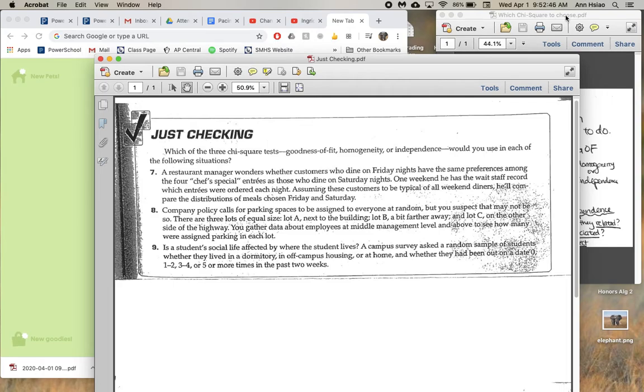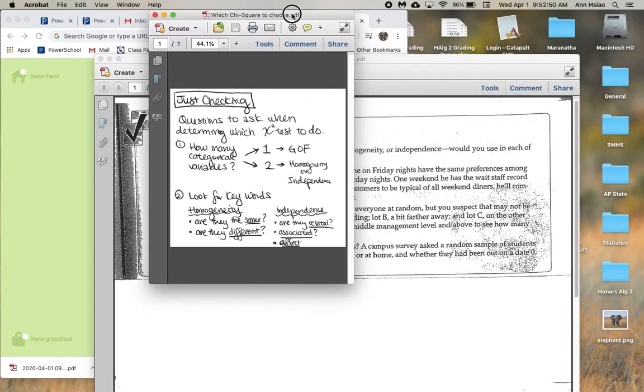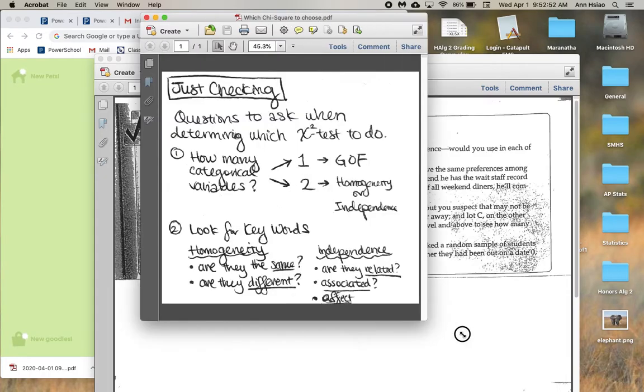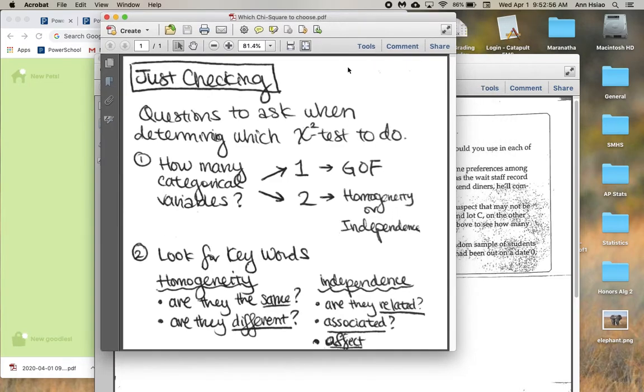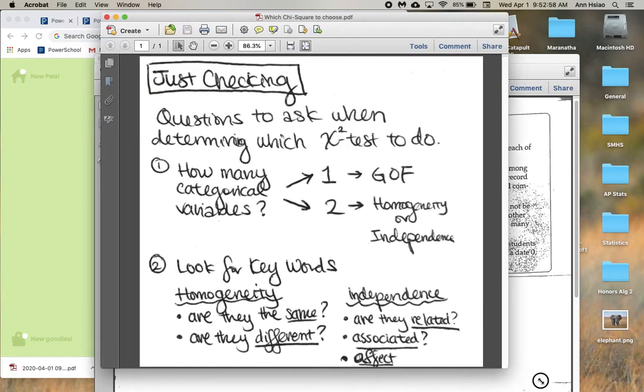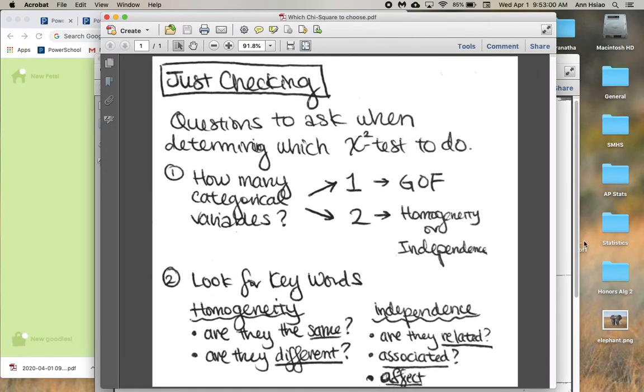All right, so here are my tips and tricks on how to tell which chi-square test to do. The first thing you want to ask yourself is how many categorical variables do we have? You have to make sure that the variables are categorical to even be doing a chi-square test.